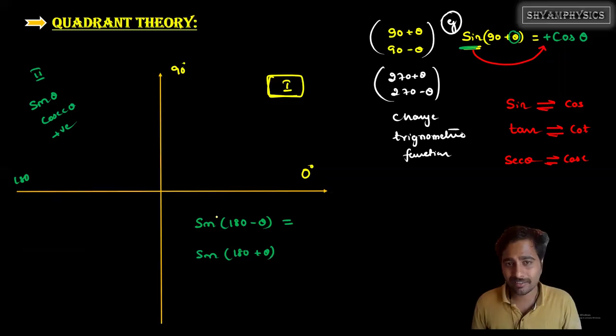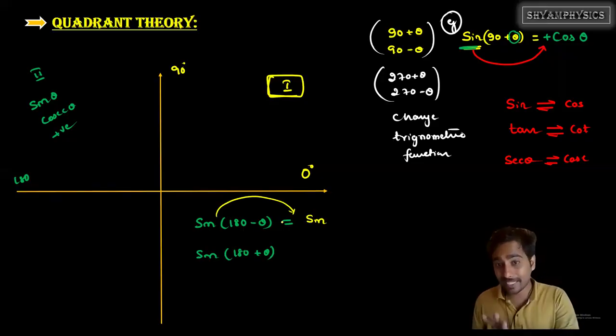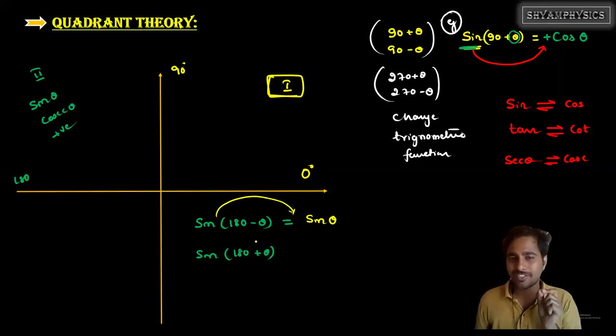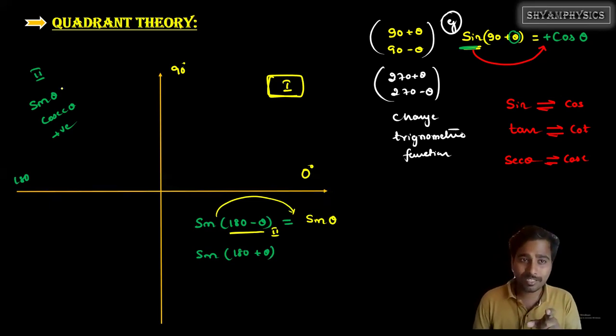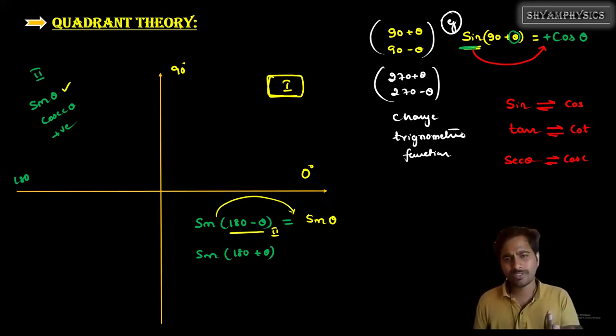Directly write here: sine is there, so you have to write sine itself. Sine 180 minus theta, just write sine theta. And next to that, check once. This 180 minus theta belongs to which quadrant? Second quadrant. In the second quadrant, is sine positive or negative? Positive. So the value will be positive.